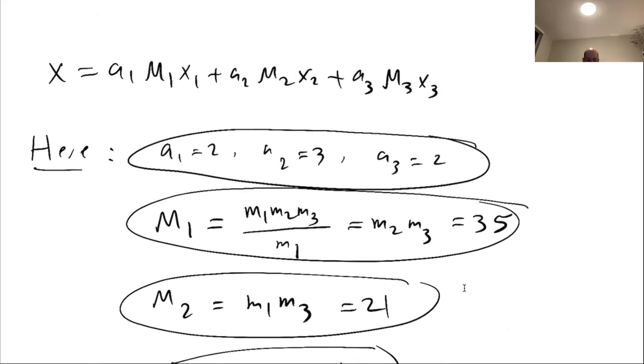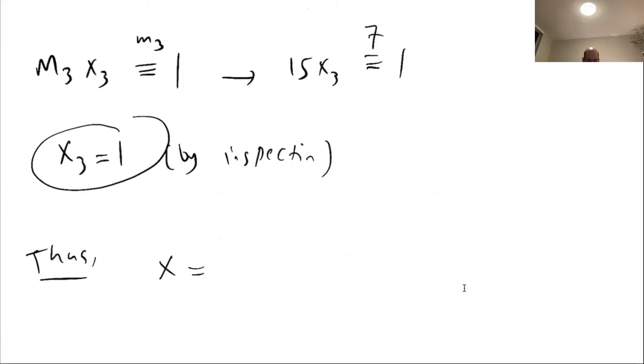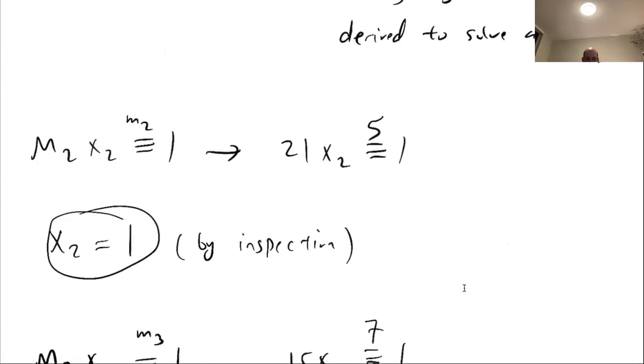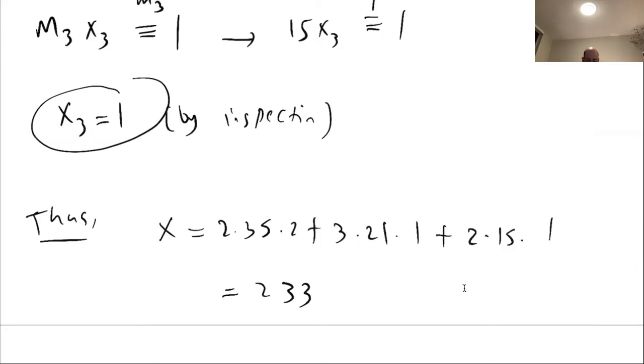And these are all the numbers that we need to find X. Thus, X is equal to A1 M1 X1 plus A2 M2 X2 plus A3 M3 X3, so it's going to be 2 times 35 times 2 plus 3 times 21 times 1 plus 2 times 15 times 1. And the answer is 233.